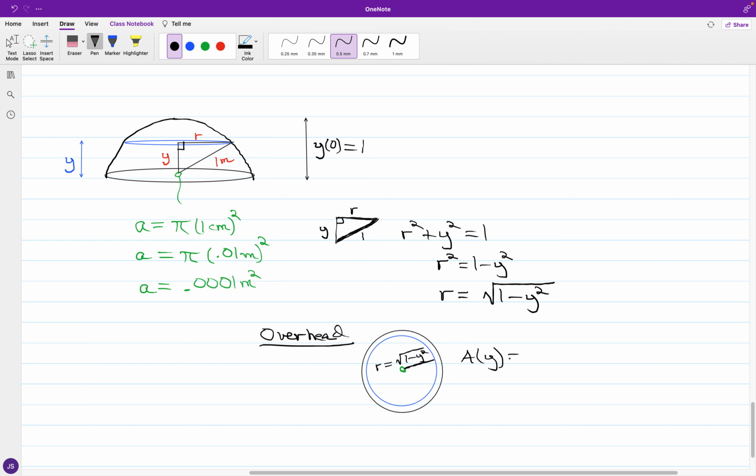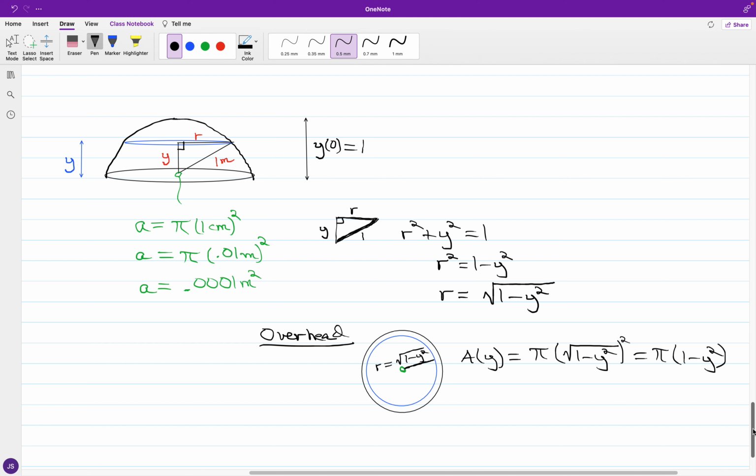So we have A of y is equal to pi times the square of the square root of 1 minus y squared, and so this will be pi times the quantity of 1 minus y squared.